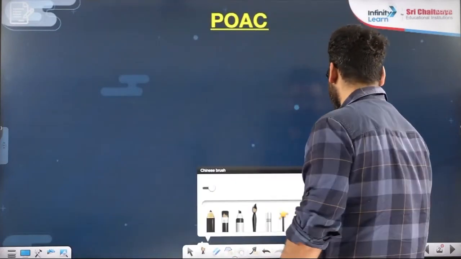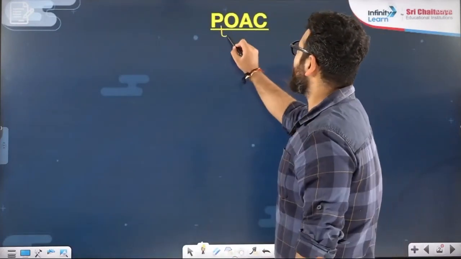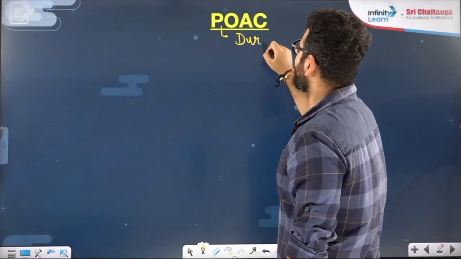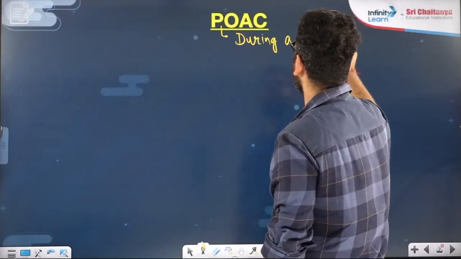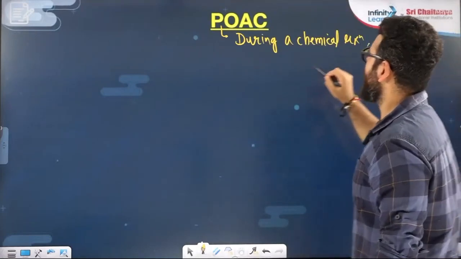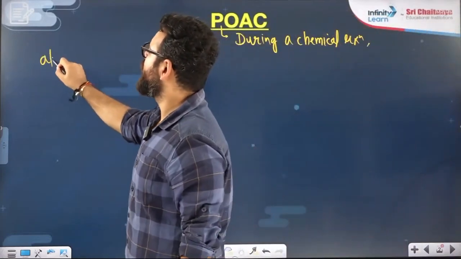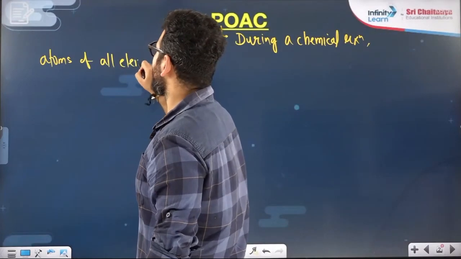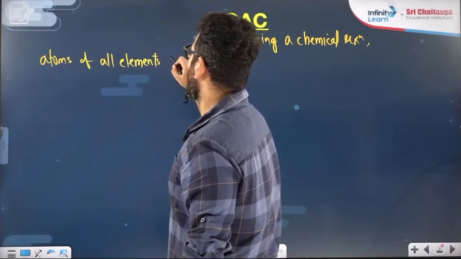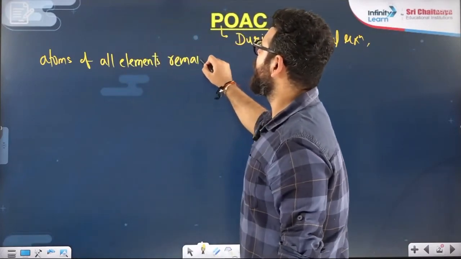Principle of atomic conservation says nothing but that during a chemical reaction, atoms of all elements remain conserved.